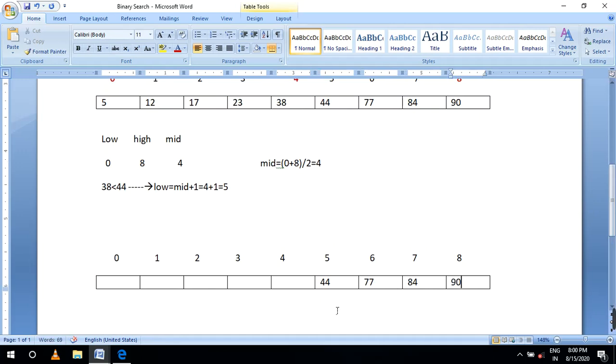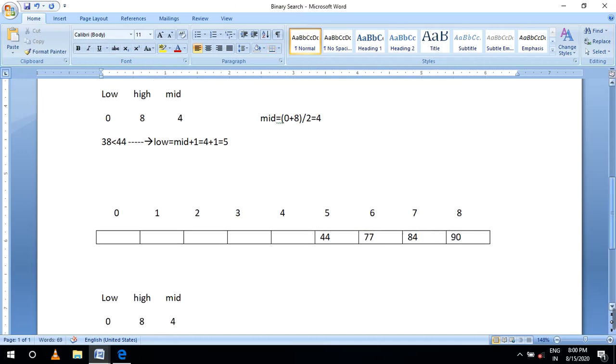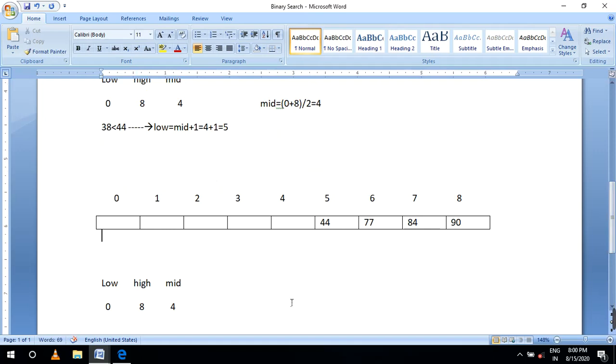Okay. So now we are declaring the high value. You are searching for the element 44. If you change the mid value, low equals mid plus 1, equals 4 plus 1. So now the low value is 5.